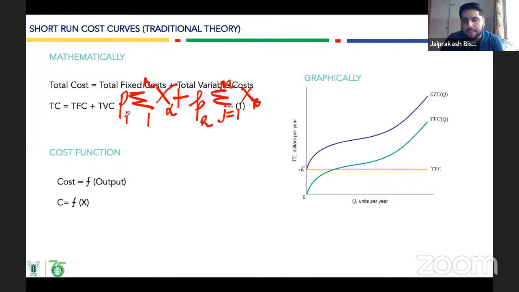This capital P, let it be pi, is the price of the fixed input xi. Similarly, let it be pj. This pj is the price of your variable input j. So when you add these things, it will give your total cost.